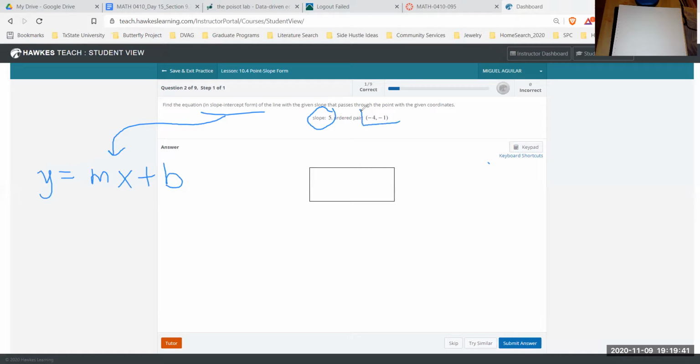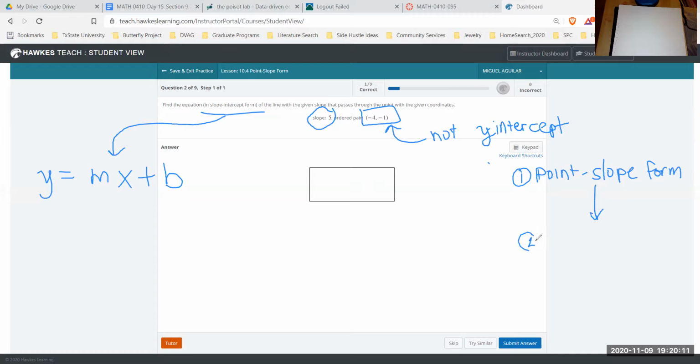But this is not the y-intercept. Well, that means we're going to have to do some work. That means that we're going to have to go from point slope form and then rearrange it and get to slope-intercept form.